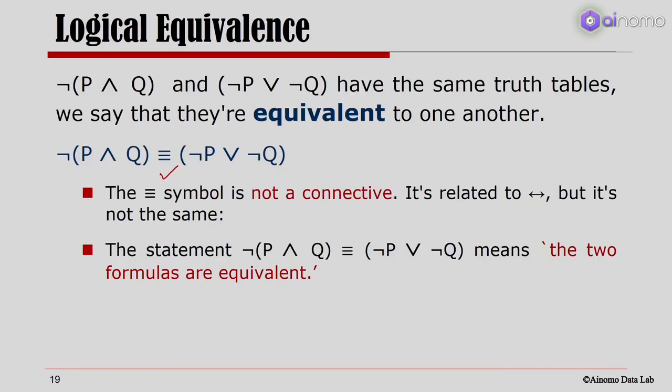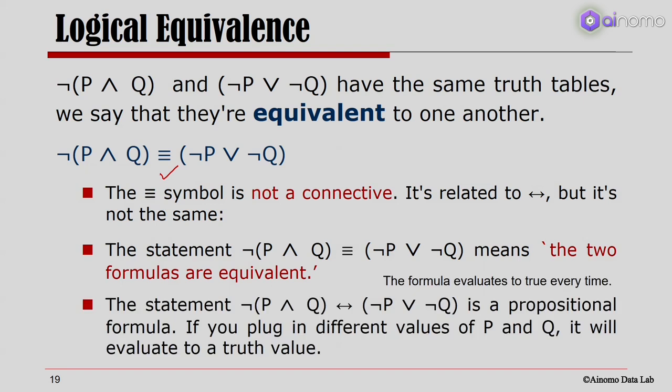The statement that not of P and Q is equivalent to not P or not Q means that the two formulas are equivalent. Whereas if I put the biconditional there, then the statement is a propositional formula. And if you plug in different values of P and Q, it will evaluate to a truth value. Interestingly, the formula evaluates to true every time.